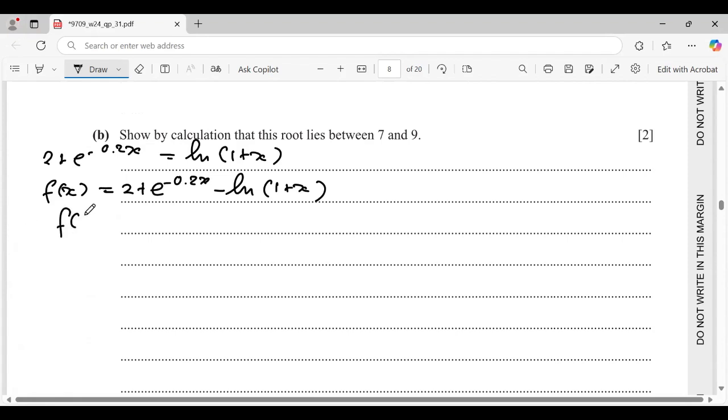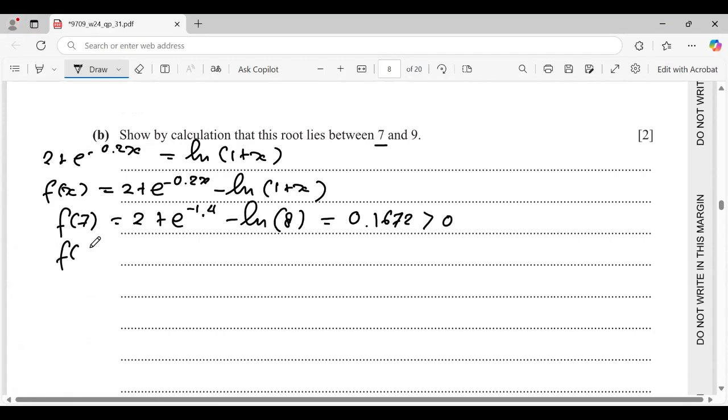So f(7) equals 2 plus e power minus 0.2 times 7, which is minus 1.4, minus ln 8, because 1 plus 7 is 8. If you calculate, the result is 0.1672, and this is greater than 0.